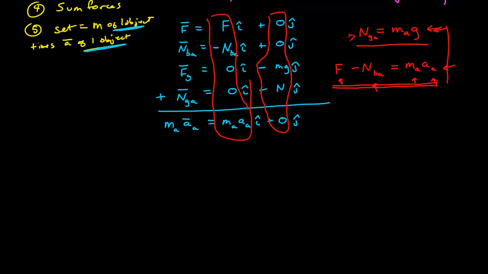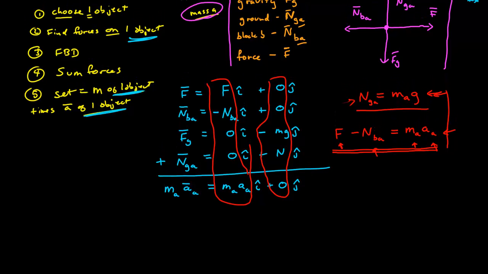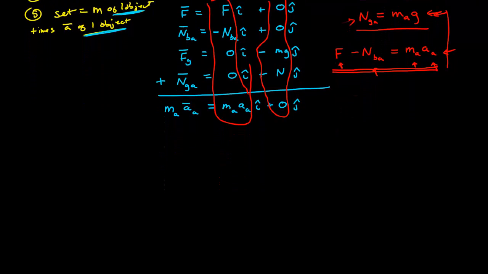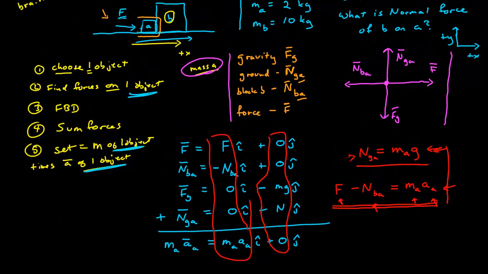All right. So let's go through the list. First of all, we've chosen our object, that's mass B. Now find the forces on our first object. So our forces are the normal force of A on B. Let's go up and look at our picture here.